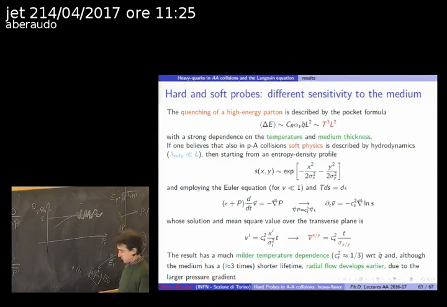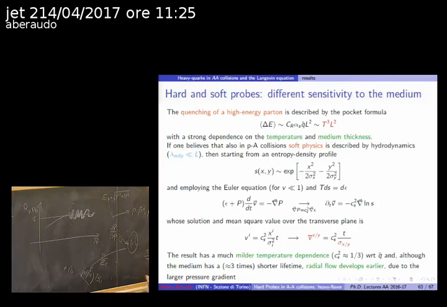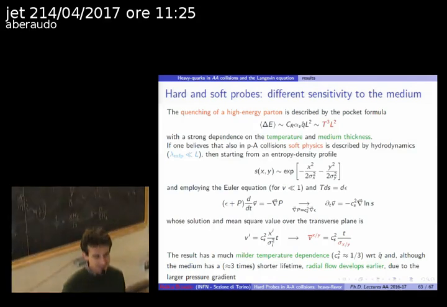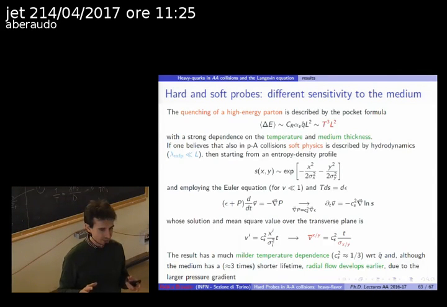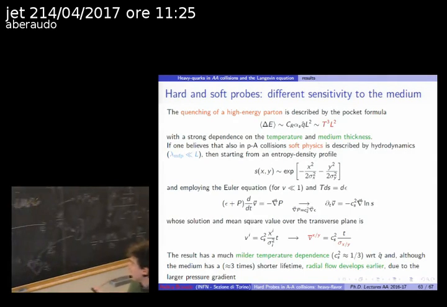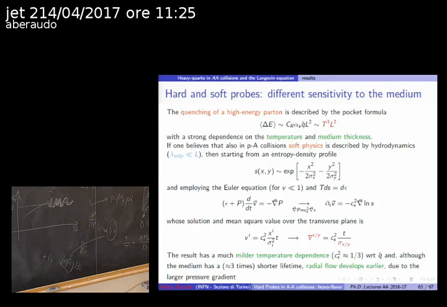So how to reconcile these two pictures? The fact that the R_pPb is compatible with 1 within experimental uncertainties, and the fact that, on the other hand, concerning soft observables, one observes non-trivial medium effects. So I observe a v2, a v3 different from 0, but I don't observe any signature in the R_AA at high pT. How do we reconcile this?